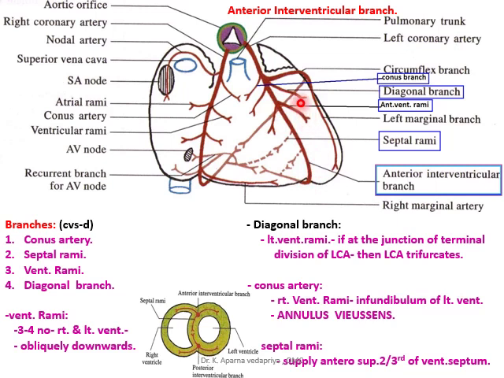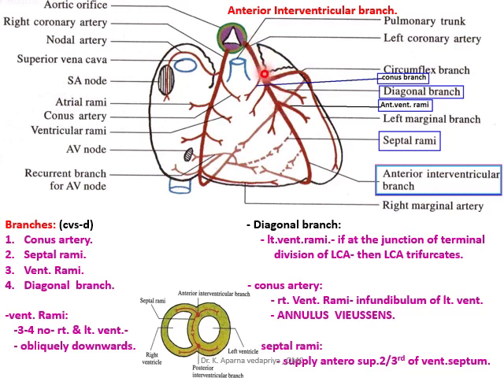At times, this diagonal branch may arise at the junction of the anterior interventricular artery with the circumflex artery. Then the left coronary artery is said to be trifurcating.